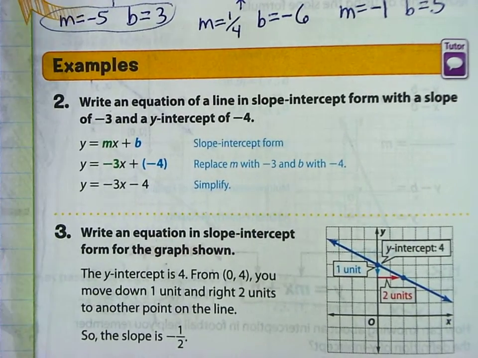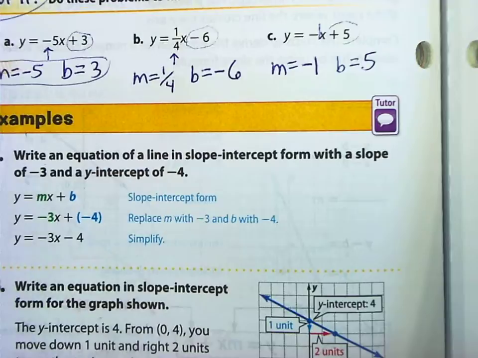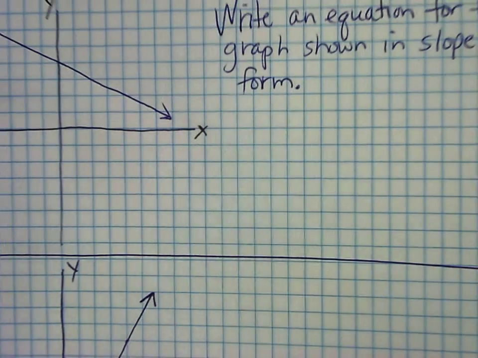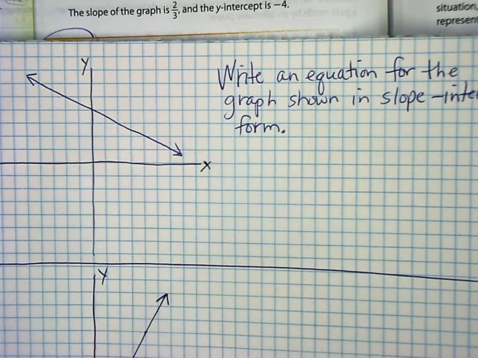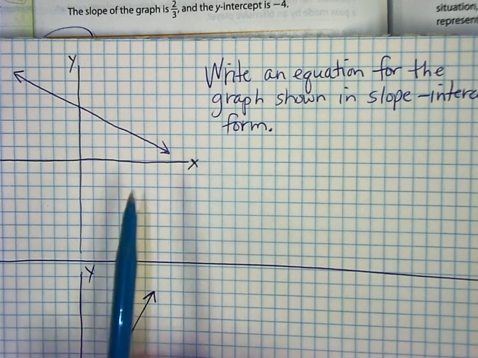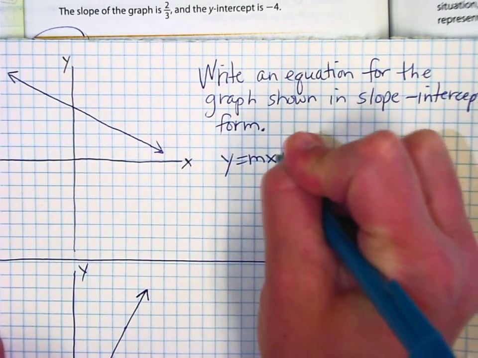Okay, now one last one. Let's take a look at writing an equation in slope-intercept form. So take a look at this problem. Writing an equation for the graph shown in slope-intercept form. So we have to write our final answer in y equals mx plus b order.